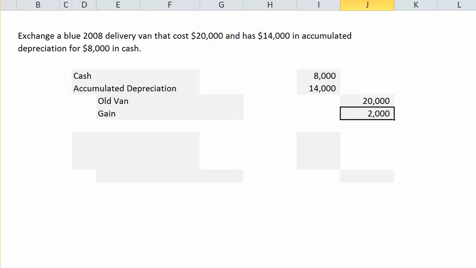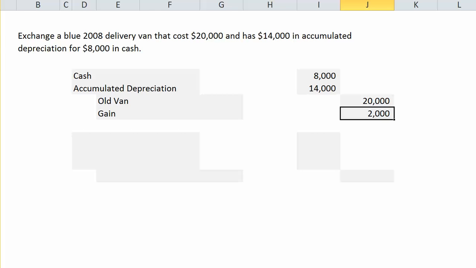That's all fairly straightforward. But one thing I want you to notice: I use the word exchange. We exchanged a blue van for cash. We would often also say that we sold the blue van for cash, but instead of using the word sold, we could say exchanged. And in this case, we had a gain.